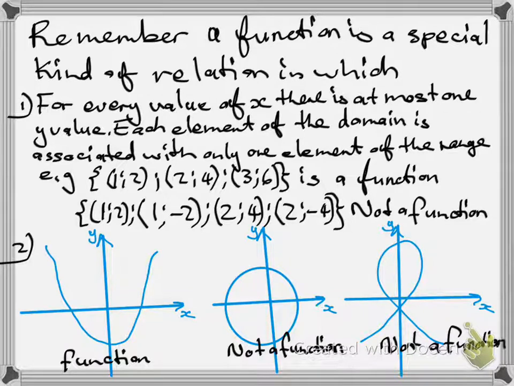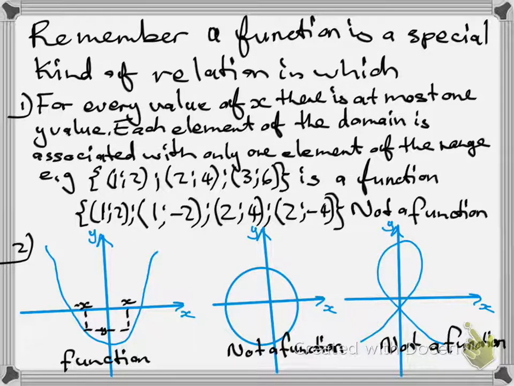What do we mean when we say many to 1? If we've got a y value there, you see that it will have two x values, a negative one and a positive one. So that one is a many to 1, many domain elements mapping to one range element.